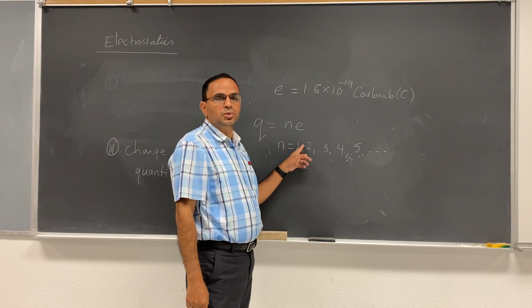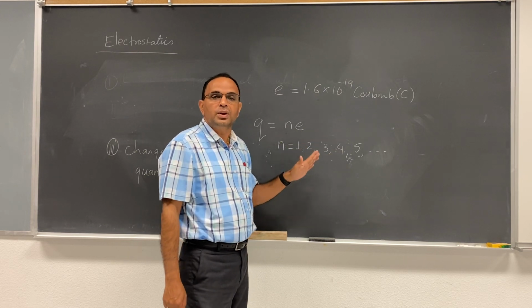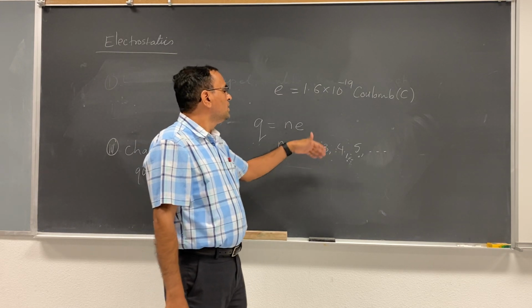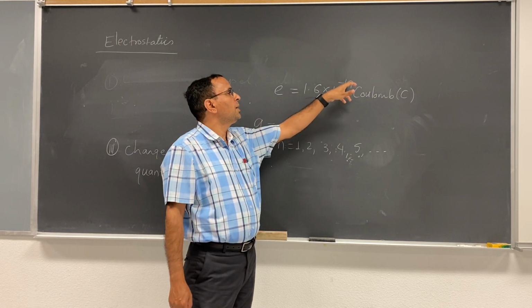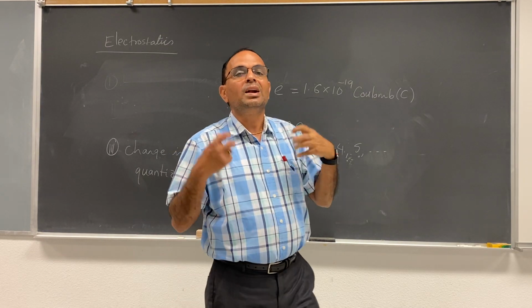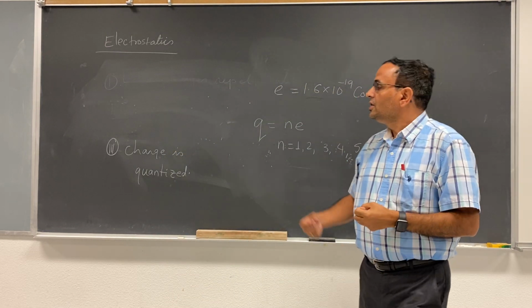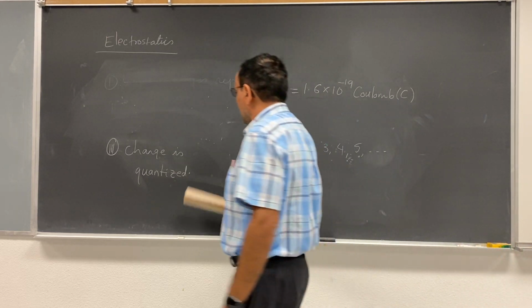No, that is not possible. You cannot take 2.5, 2.3, 2.7, 3.5. Either 1, 2, 3, 4, 5. So it is an integral multiple of 1.6 times 10 to the power negative 19 coulomb. This is what we call quantization. So the charge is quantized.